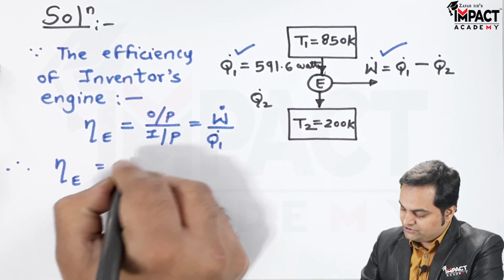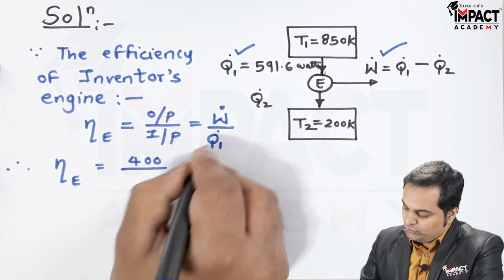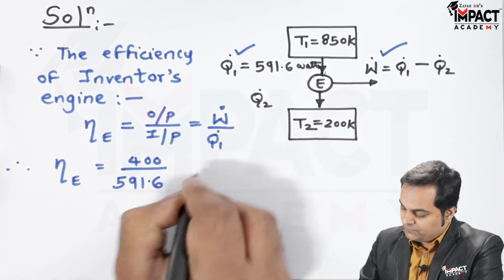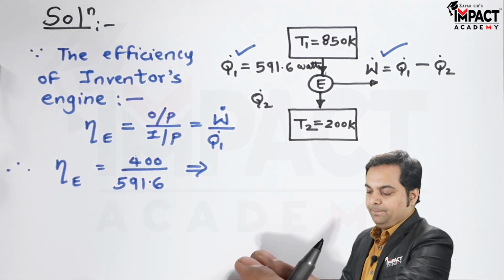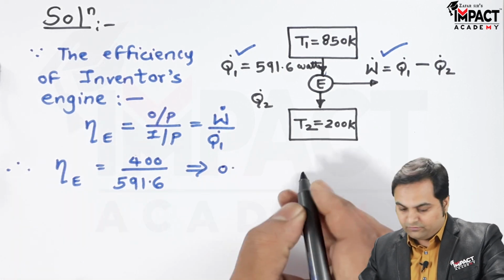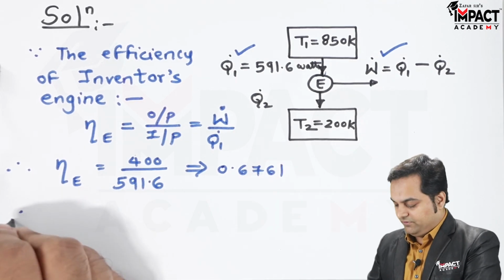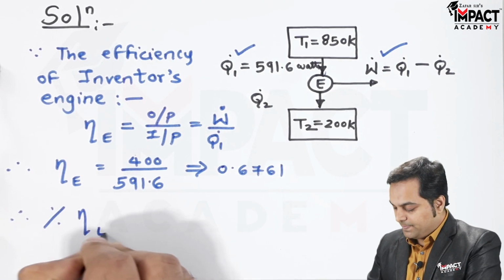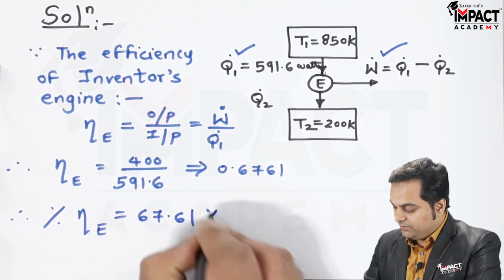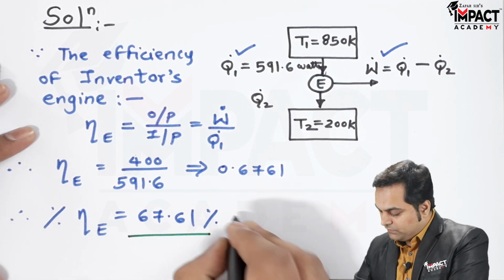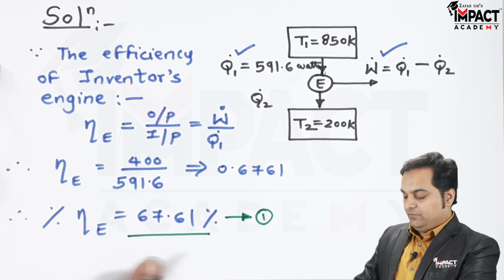Now W dot is given, it is 400 watts, Q1 dot is 591.6. So the efficiency of the inventor's engine comes out to be 0.6761, or multiplying with 100, the percentage efficiency is 67.61%. Keeping it as equation 1, this is the efficiency of the inventor's engine.